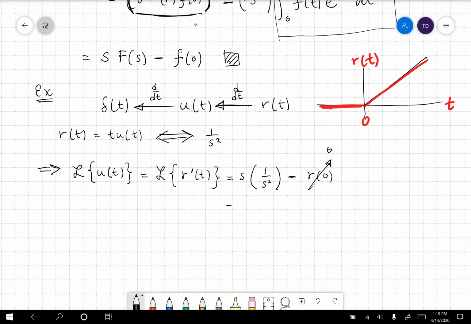So this is equal to 1 over s. Is that what we already knew about the Laplace transform of the unit step function? I'll answer that for you. Yes, it is. That's in our table of transforms. We knew that transform already. So we have that one.